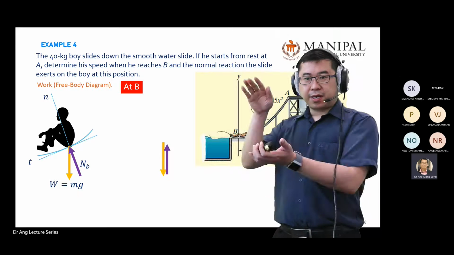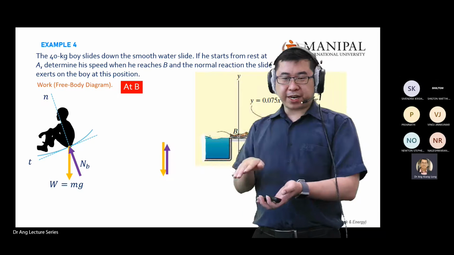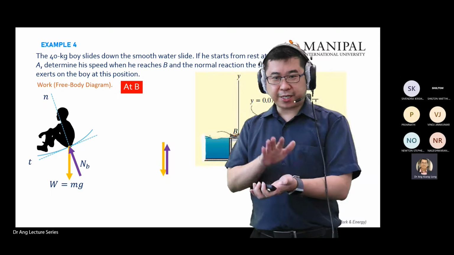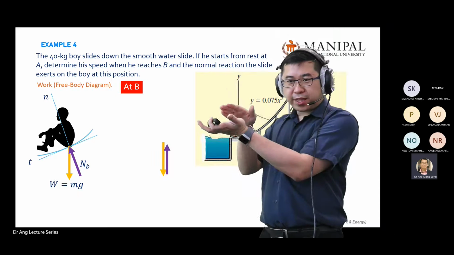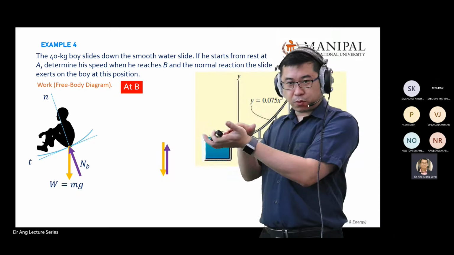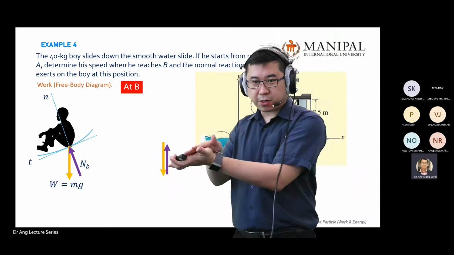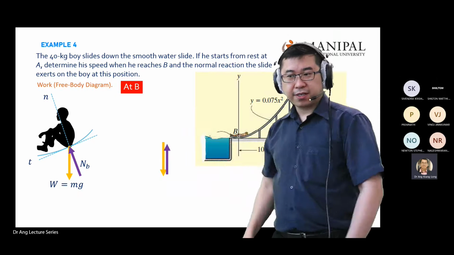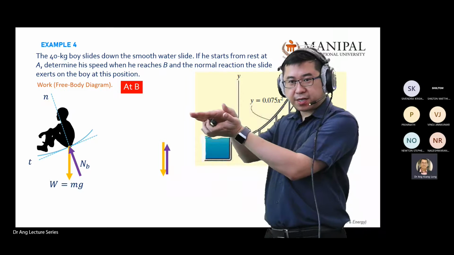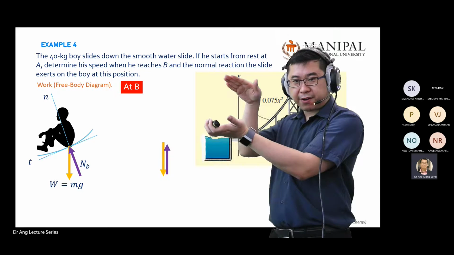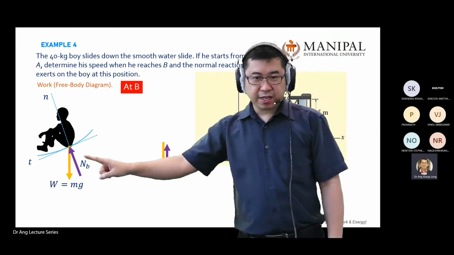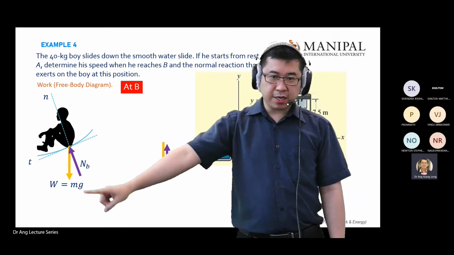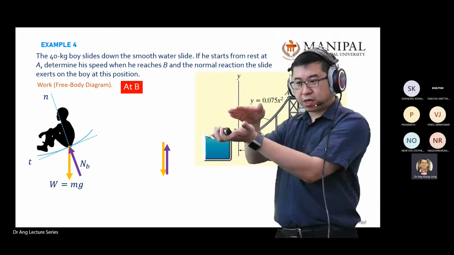Every time you have an object, no matter if it's a car, a boy, or something else, in contact with the surface, whether pulling a box, the box is in contact with the surface and slides along the surface, then you have a normal force perpendicular to the contact surface.